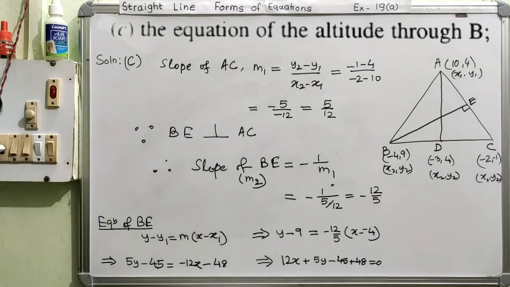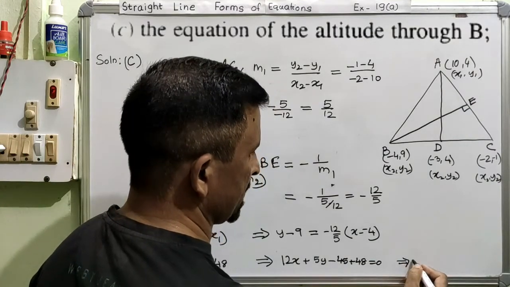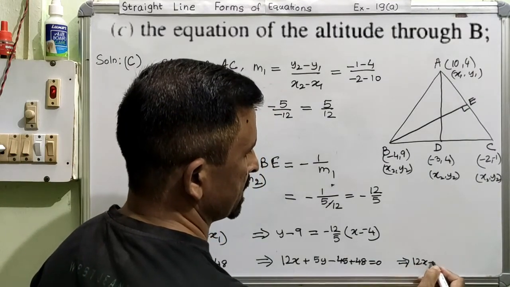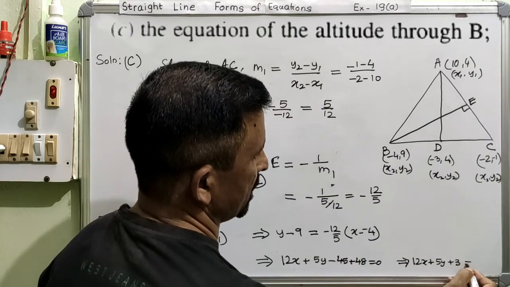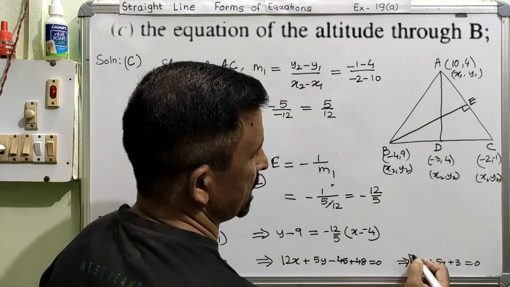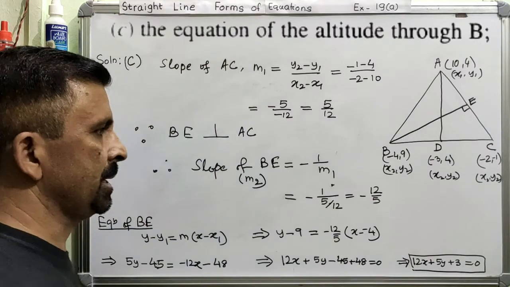Is this very clear? So finally your equation is 12x plus 5y plus 3 is equal to 0. This is the equation of your altitude BE.